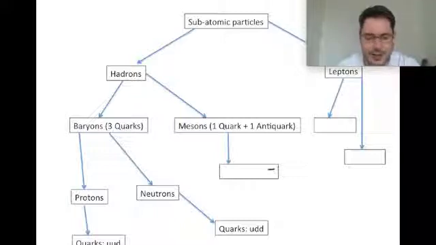That doesn't make a whole lot of sense, but that's just the way I remember it. Neutrons 1 U, so that's UDD. Protons, no U's, so that must be the other one, which is UUD.